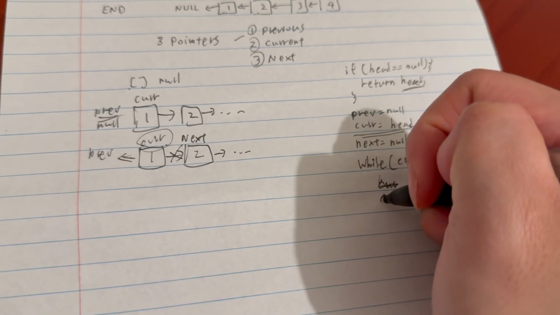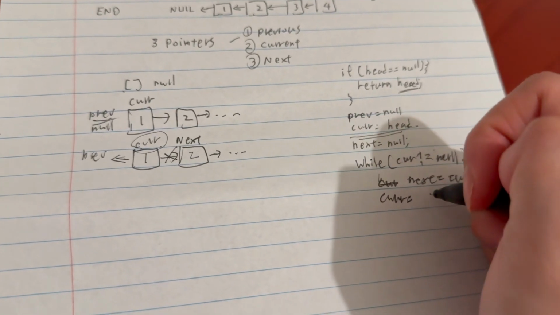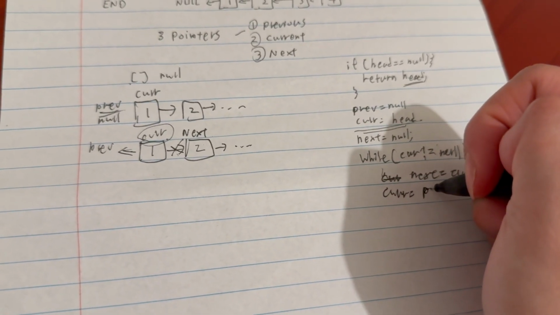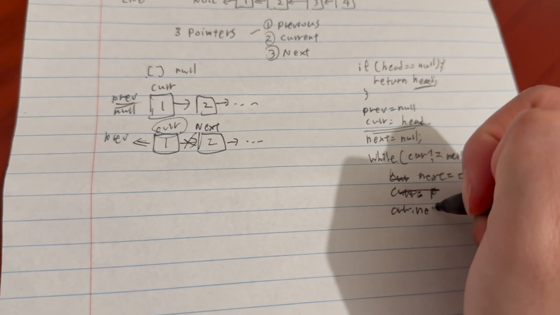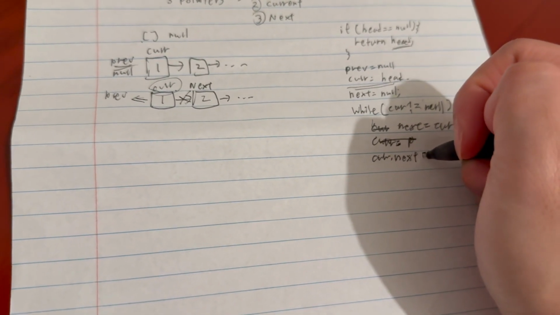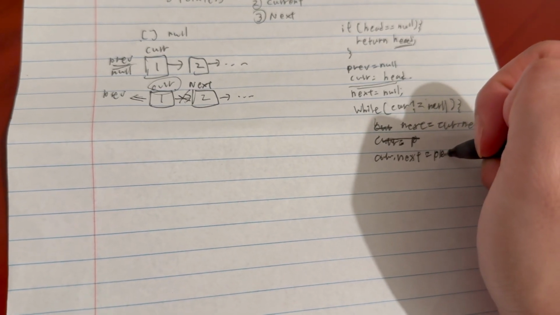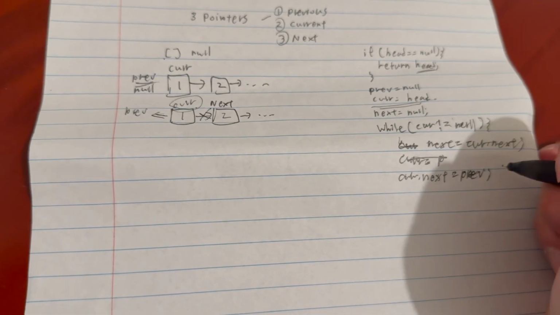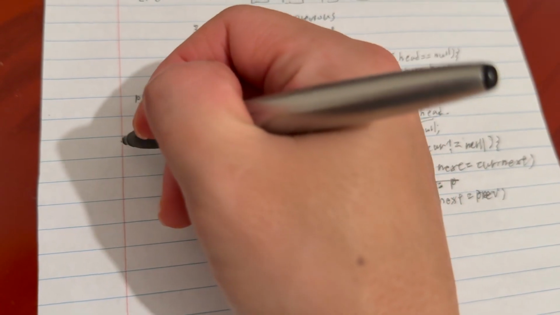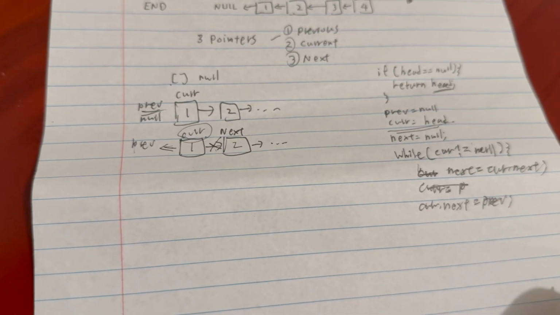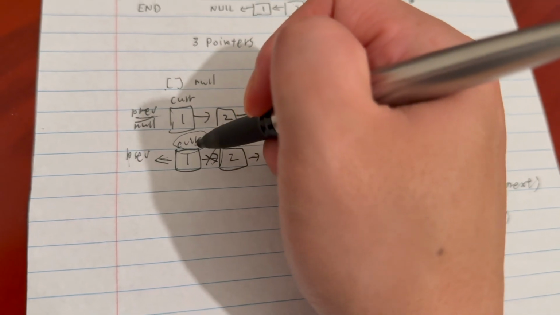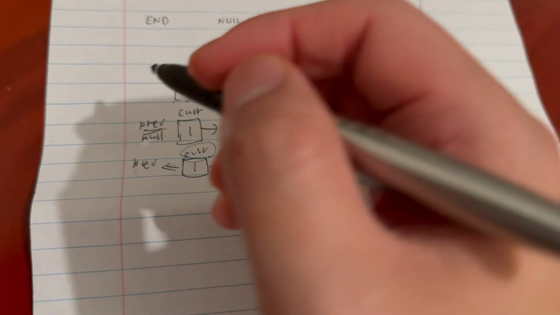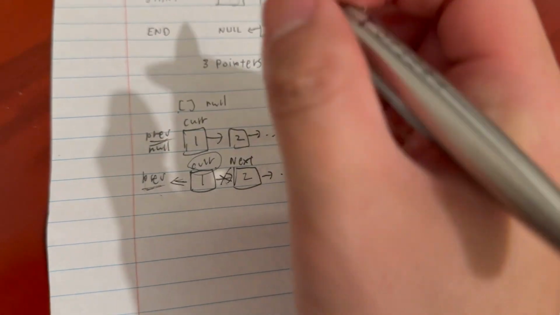So the current's next is going to be the previous one. Okay, so it's going to change the previous one. And then we want to update the previous one to here.